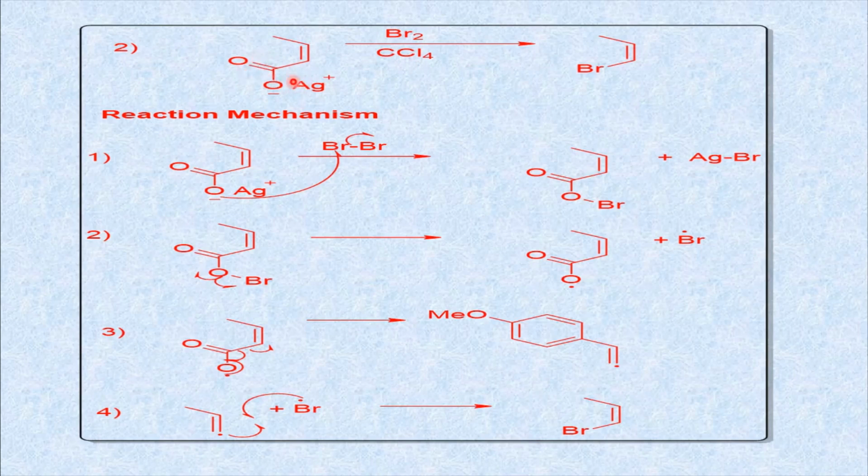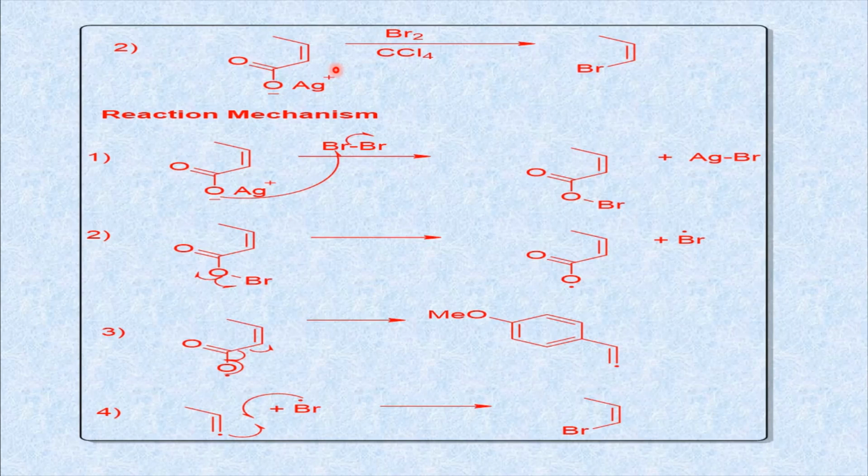A decarboxylation reaction takes place, and the name of this reaction is Hunsdiecker reaction. The reaction of a silver salt of carboxylic acid with bromine, leading to an alkyl halide or aryl halide, is called the Hunsdiecker reaction. It is a way of degradation of the carbon chain by one unit. Although bromine is often used as the halogen, chlorine and iodine are also used instead of bromine.